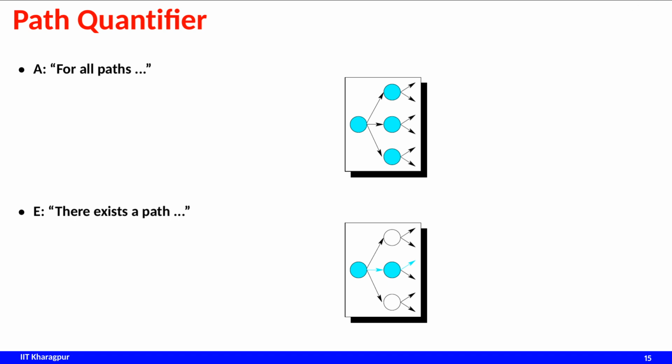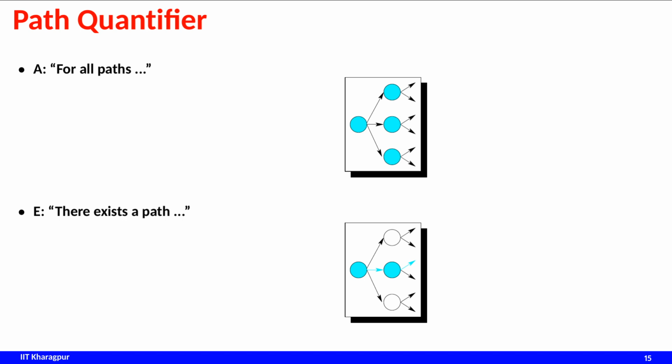Now, in order to simplify the scenario, I may not be interested in knowing everything, but I may be interested in knowing that along all paths a certain property is true, or that there exists at least one path on which a certain property is true.